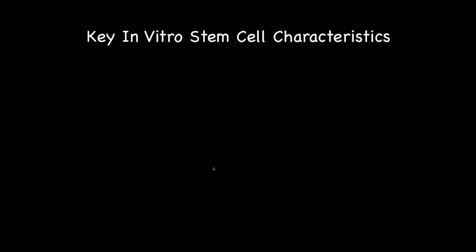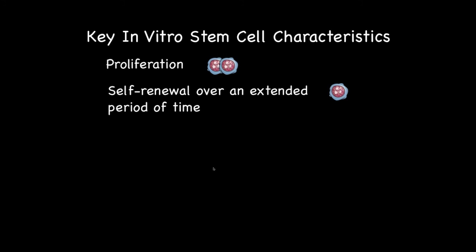And so the key features of a stem cell, or neural stem cells in particular, are, number one, cells proliferate, which is fairly obvious. Number two, they exhibit self-renewal over an extended period of time. And what I mean by this is that when a stem cell divides, it has a choice. It can divide asymmetrically, where it makes another stem cell and a non-stem cell, or maybe a progenitor cell.